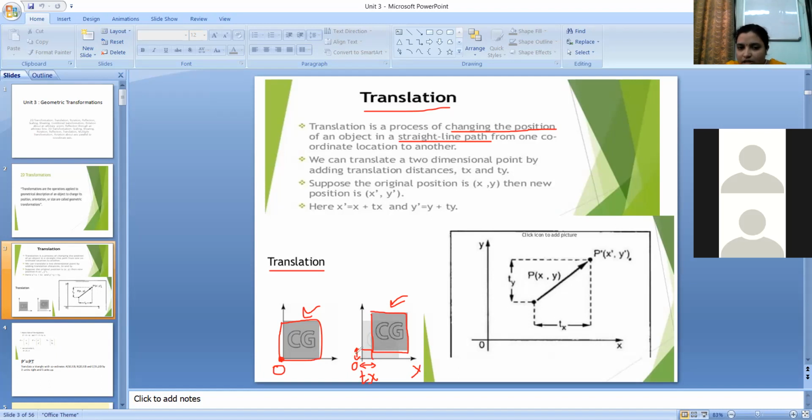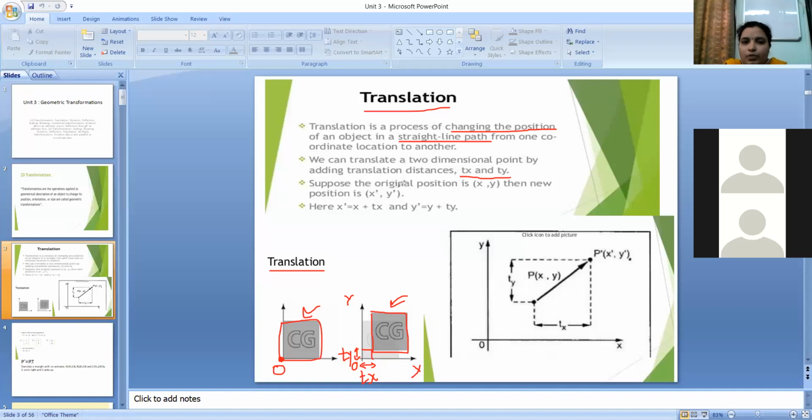And this much distance, the object is moving upwards, along the y direction, and that is called ty, which is your translation along the y-axis or displacement along the y-axis. So the amount by which you are going to shift the object along the x-axis is tx, and the amount by which you are going to shift it along the y-axis is ty. So you have to displace the object by tx and ty respectively along the x and y axis.